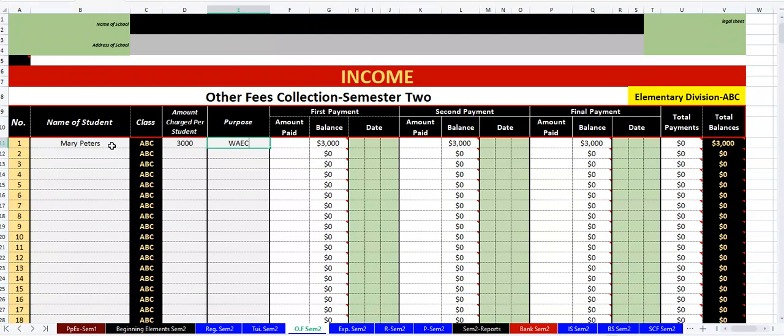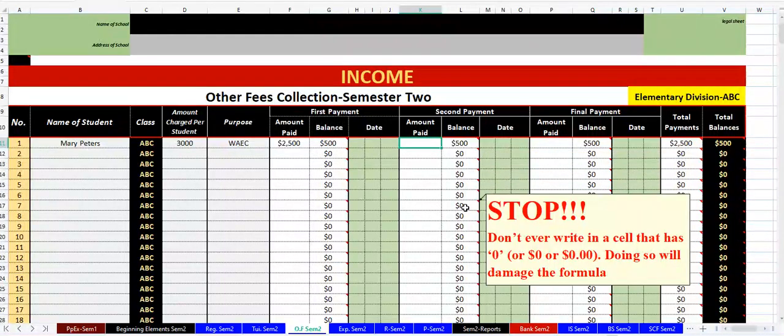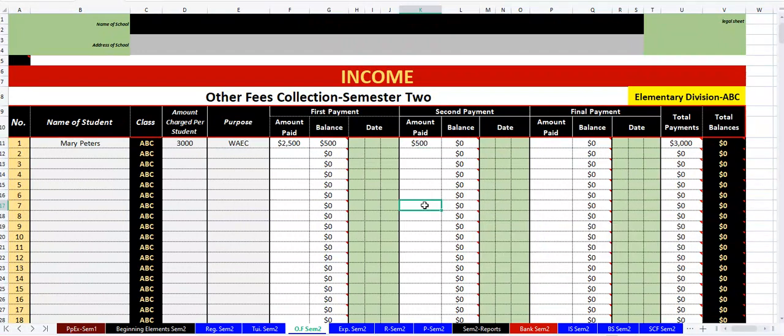WAEC is the West African Examination Council. Then we have the amount paid. Oh, this time administration was very drastic. So she paid 2,500. Then the second payment, oh, she paid the balance 500. She did it all. There are no fees to owe. So she's clear with the other fees.